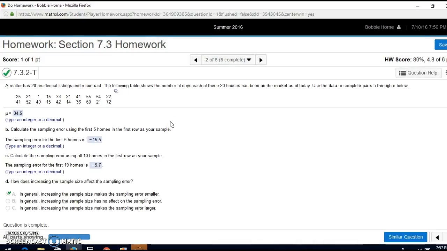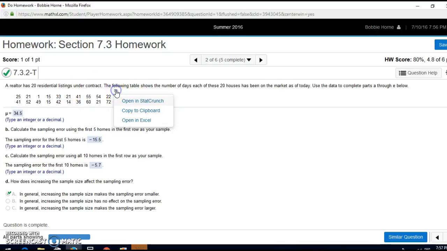Question number 2. The first thing it asks you for is to find mu. This is going to be our population. This is all the information on the 20 listings.